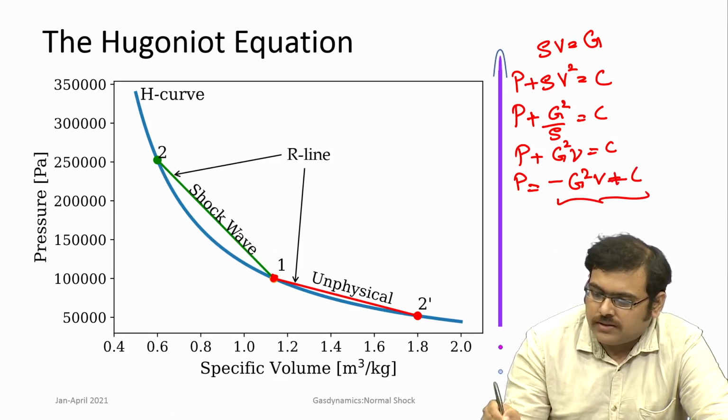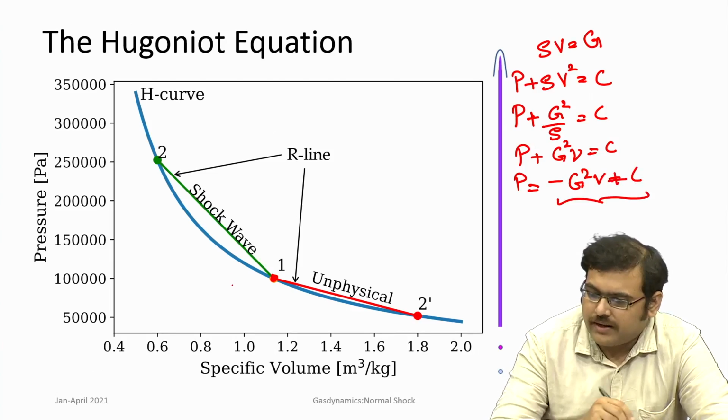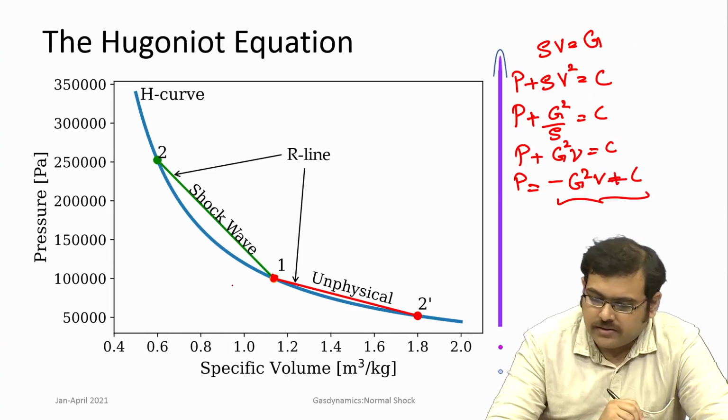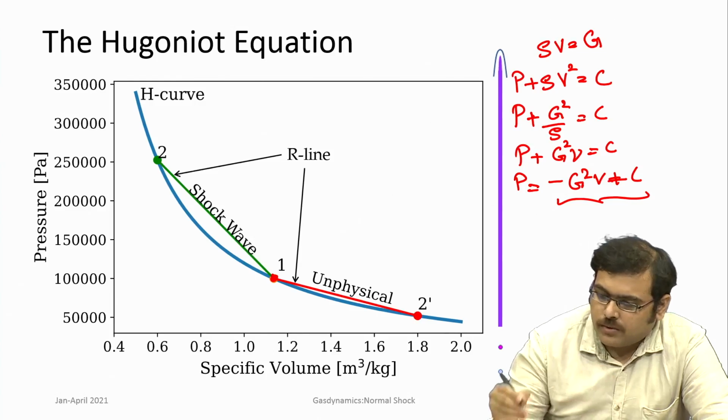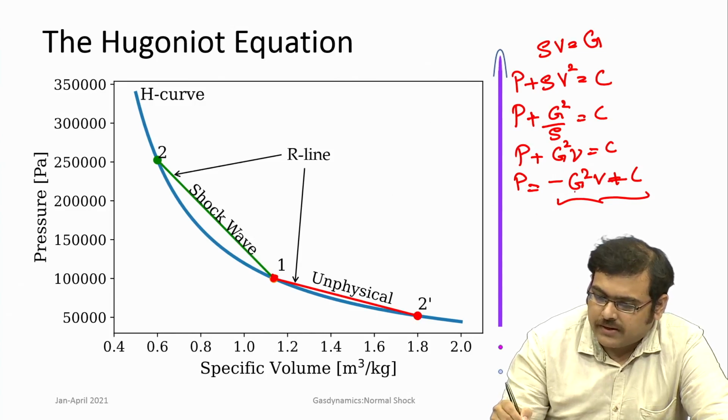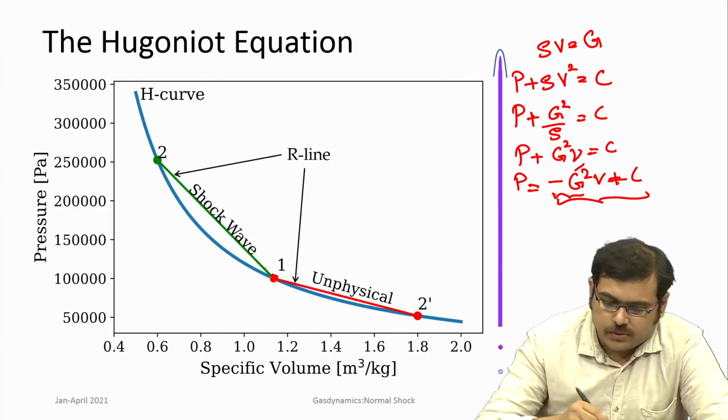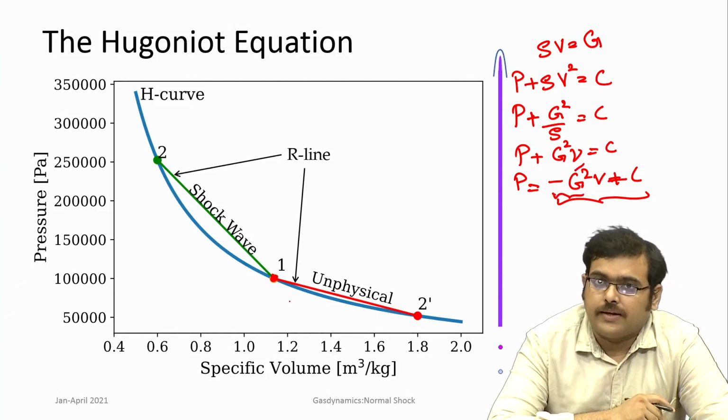So this is the equation of a straight line. So Rayleigh lines are straight lines in the PV diagram, and you should also notice that it has a negative slope. g square is positive, so it always has a negative slope.